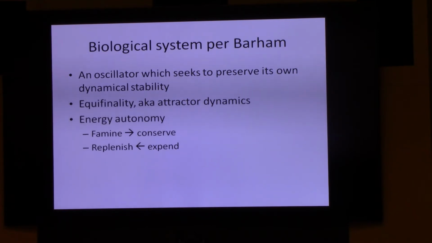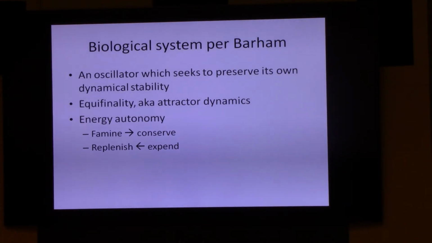I'm sorry, Steve, just one quick question. I've been trying to figure out what you meant by it. You said equifinality is a problem for determinism. What did you mean by that? Well, in a deterministic model, if you define a state and you know the laws of nature, then you can determine its previous state and its future state. And when you have equifinality, you have a problem going back.